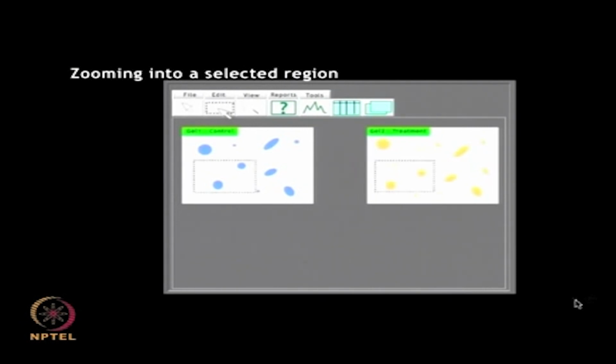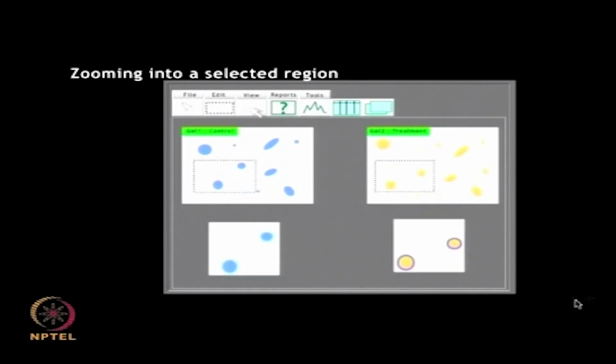Zooming into a selected region: if you want to expand a specific region, you can use the zoom tool. A specific selected region of the gel can be zoomed into for viewing the spots more closely and for comparison of the spots between the two gels. This is particularly useful for gels with a large number of spots.